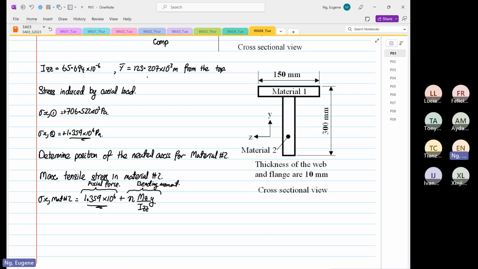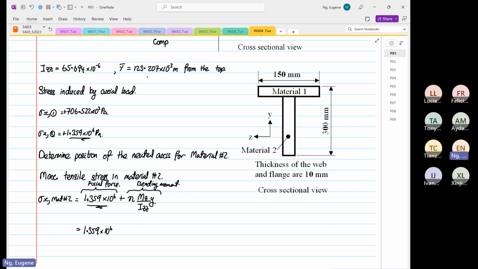So we know we did calculate our moment in Z before, and we do have our IZZ. Okay, so this will be equal to 1.359 times 10 to the power 6. And then we did pick our reference material to be, what? I think material 1 was our reference material.